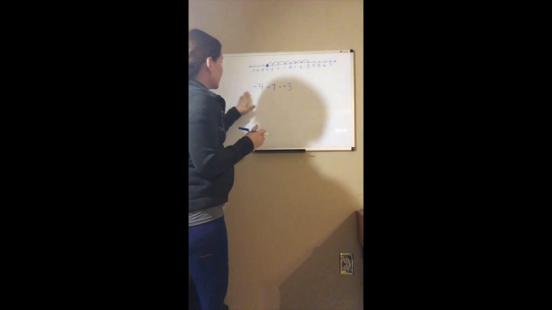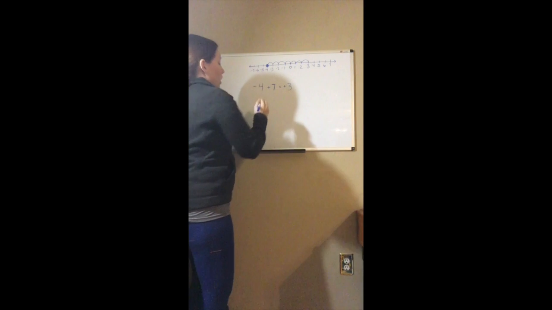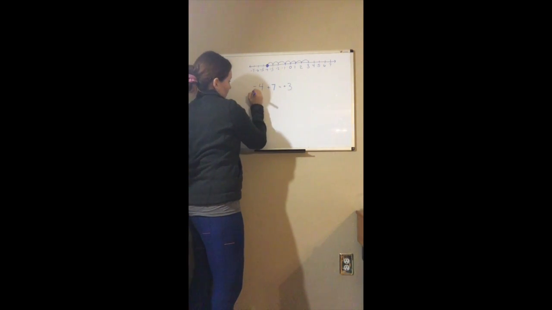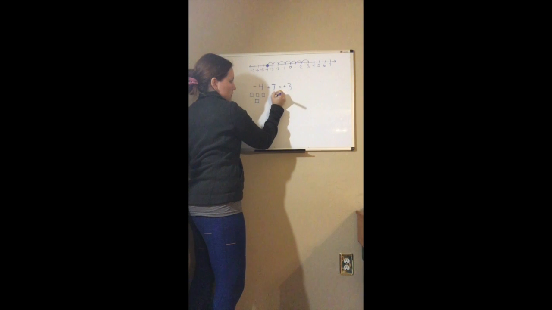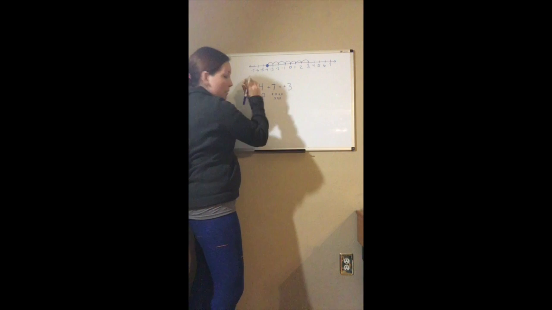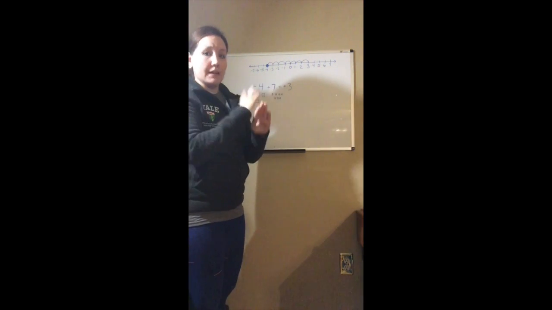Numerically, also, we can think of it as our negative numbers are boxes, and our positive numbers are x's. Positive will cancel out a negative and vice versa.